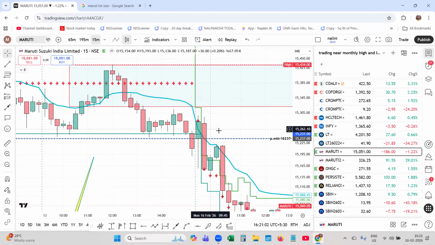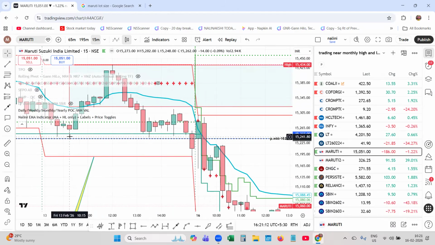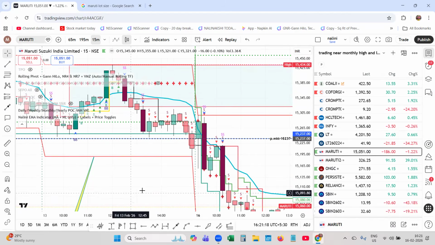Then immediately I'll enable monthly and the Nalini EMA indicator, which is created by me. And then I'll enable the rolling pivot reversal magic.